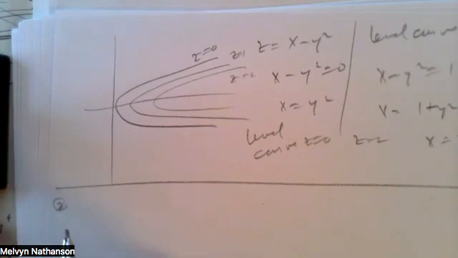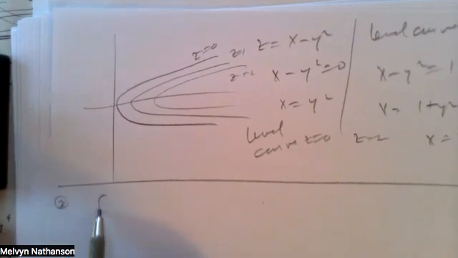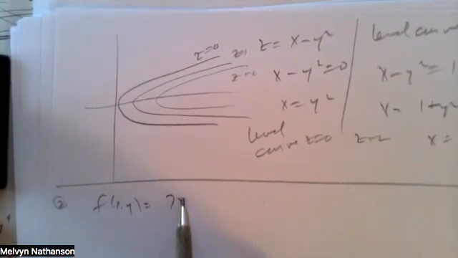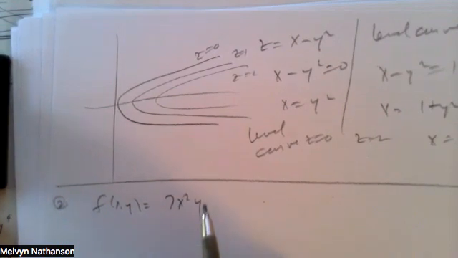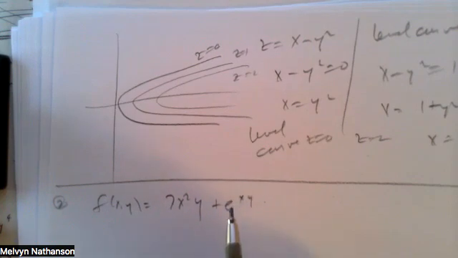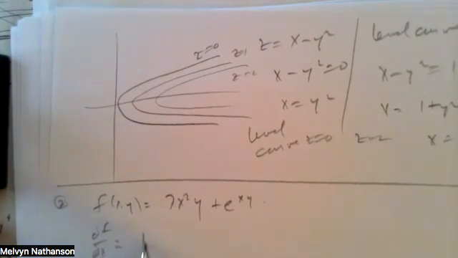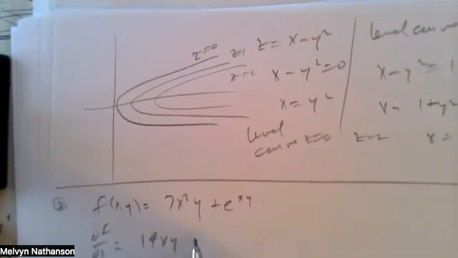For problem 2, we have the function f of x y equals 7x squared y plus e to the xy. So the partial of f with respect to x is 14xy plus y e to the xy.